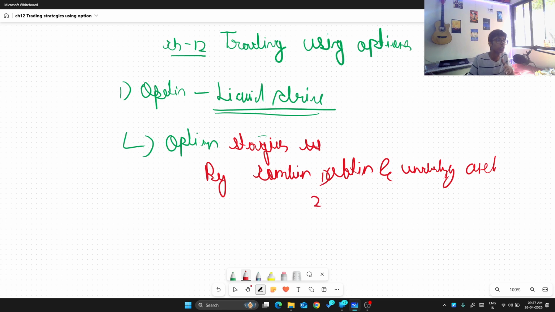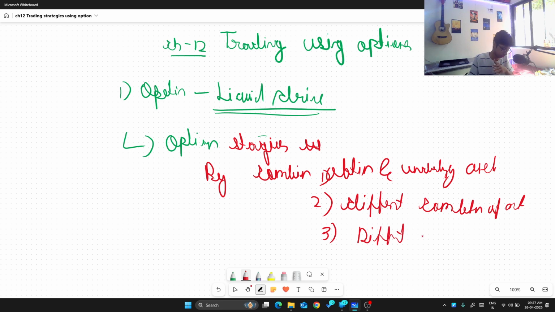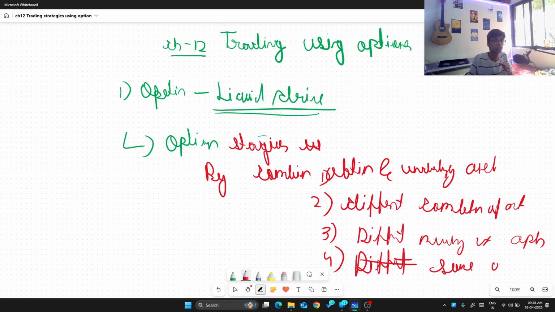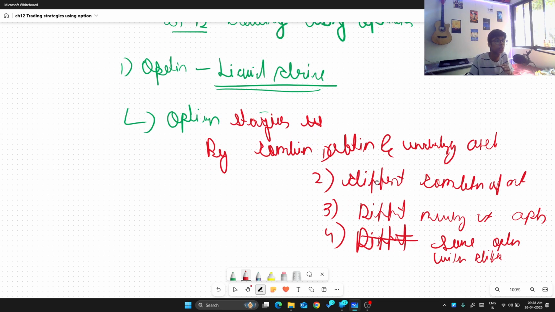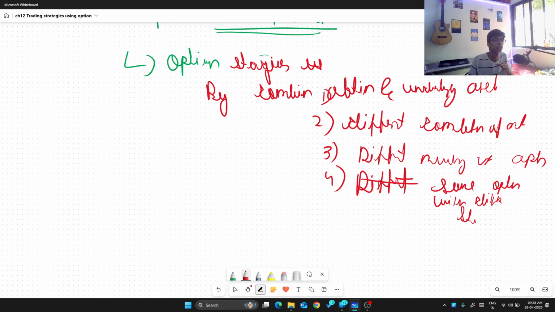Then different combinations of options, like call and put of the same expiry, options of different maturity, and the same option with different strikes.